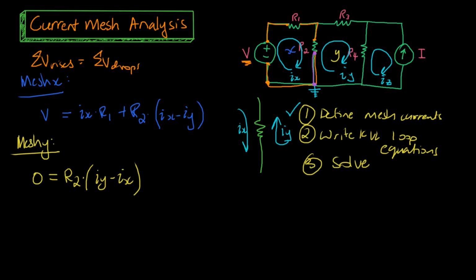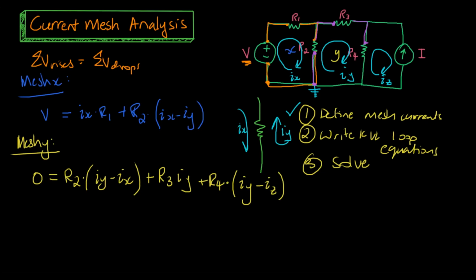We then keep on moving around the loop and we reach R3, another voltage drop, which is going to be R3 IY. Continuing around the loop, we come to R4 where we have another clash of currents. Our voltage drop here is going to be R4 times the current in the mesh I'm looking at, IY, minus the other current that is interfering, so minus IZ. And there we have our mesh Y KVL equation.